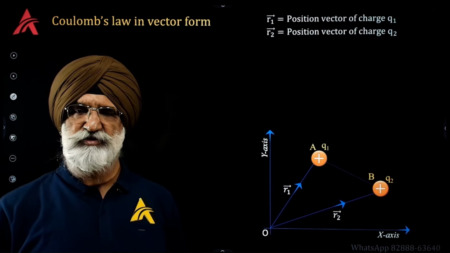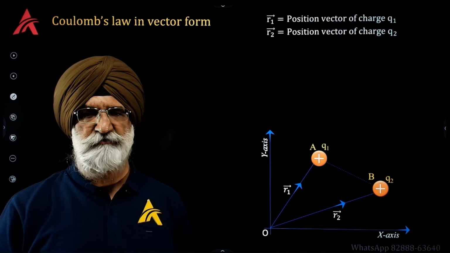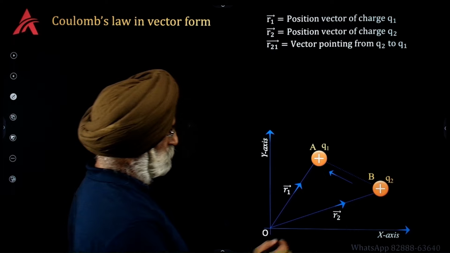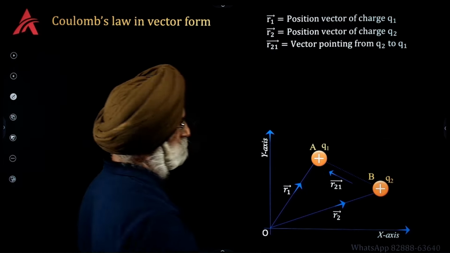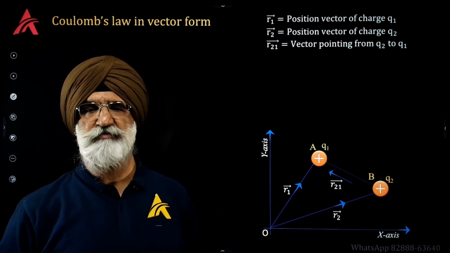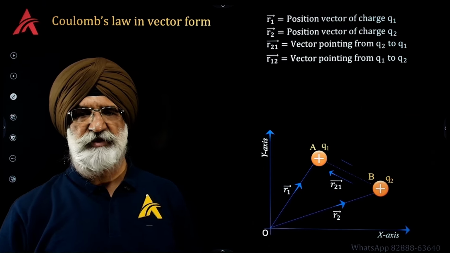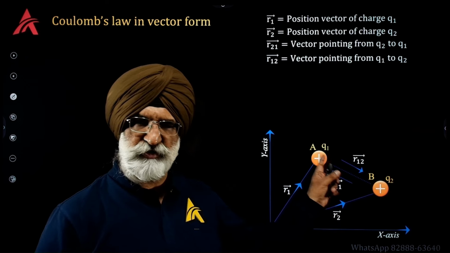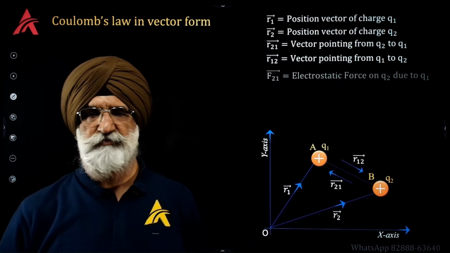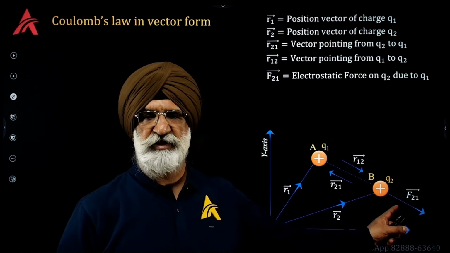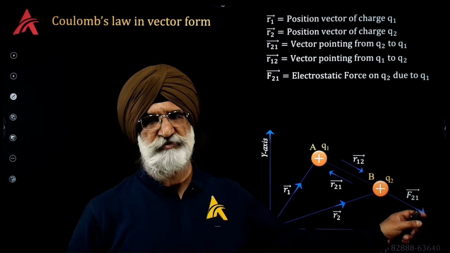We are taking both the vectors with respect to the point of reference O. The vector representing the distance between the two charges is r21. It is pointing from Q2 to Q1. And r12 is the vector pointing from Q1 to Q2. We can take up the electrostatic force acting on charge Q2, which is F21.